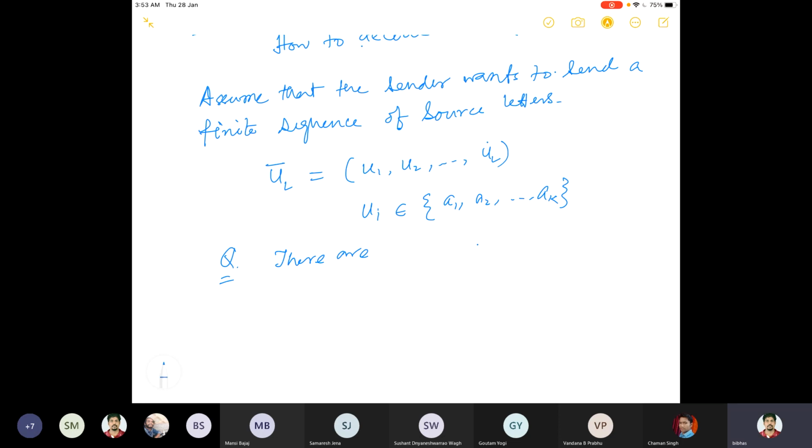So what should be the total number of possible sequences of source letters of length L? k raised to the power L. I'm not explaining why, because you are postgraduate students. So there are k to the power L different sequences of source letters.